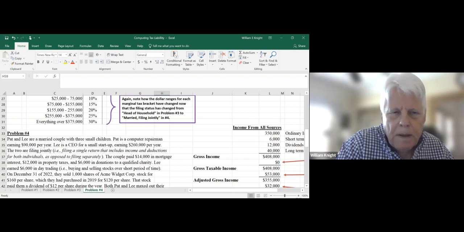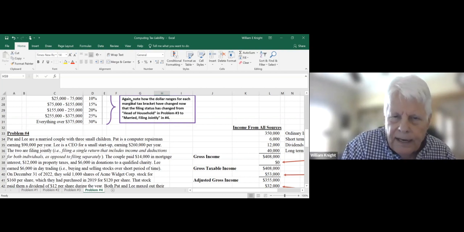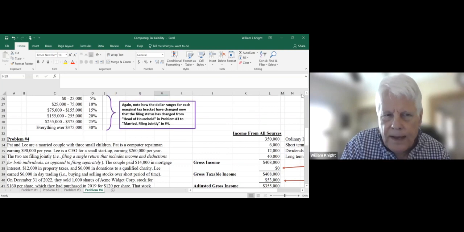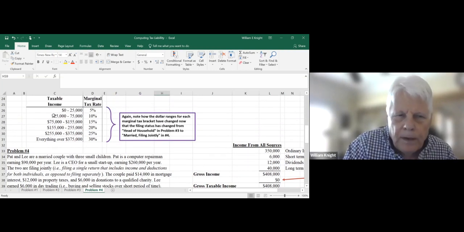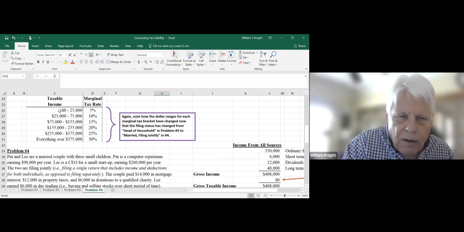But this couple is married filing jointly, and what you are going to see here, as it makes note in this little box right here, is that the income tax brackets, once again, are going to change. The span of the income tax brackets are going to change. In the first two examples, the first income tax bracket was from 0 to 15,000. In the last example, problem 3, the first income tax bracket was from 0 to 20,000.